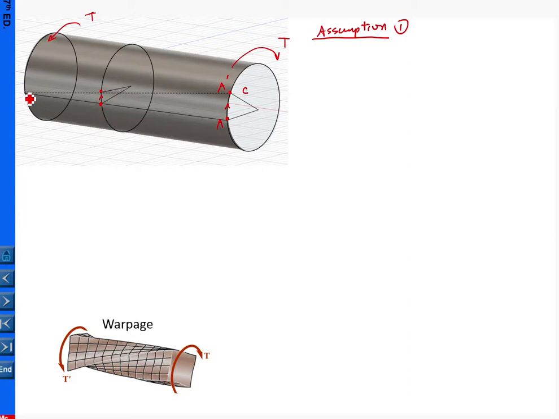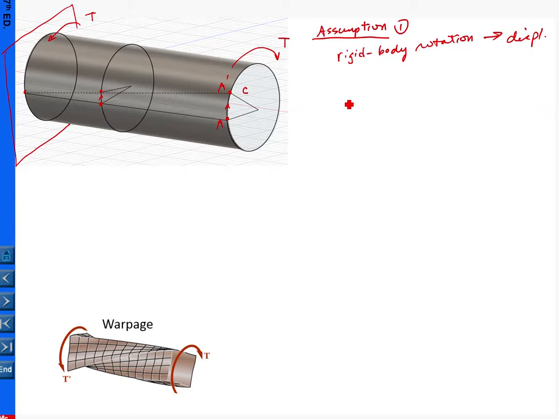Okay, and for example, as copied from our textbook, we assume this side is clamped to the wall, so there is no movement here. Okay, so that's assumption one: rigid body rotation of the cross section for describing the displacement of the point.